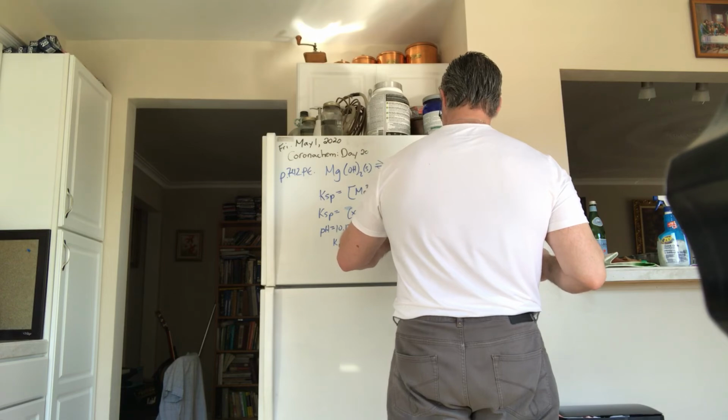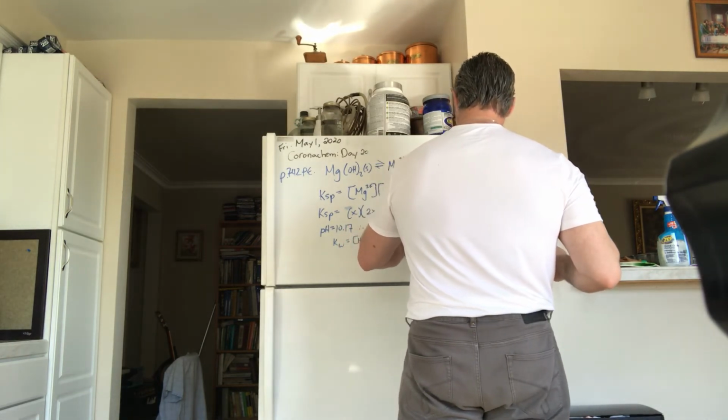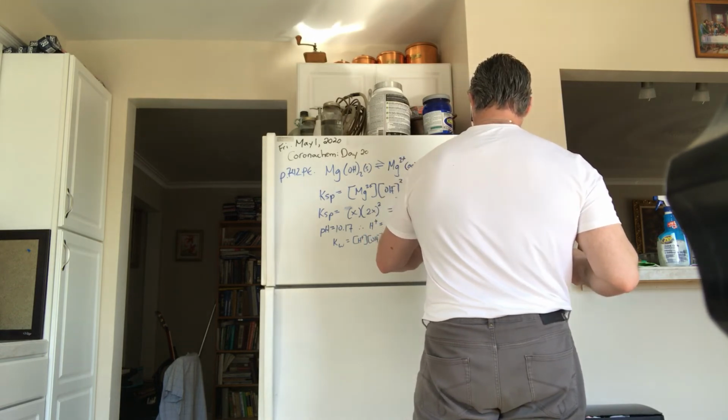So OH minus concentration is equal to Kw over the H plus concentration, or 10 to the negative 14 over 6.76, etc., times 10 to the negative 11.